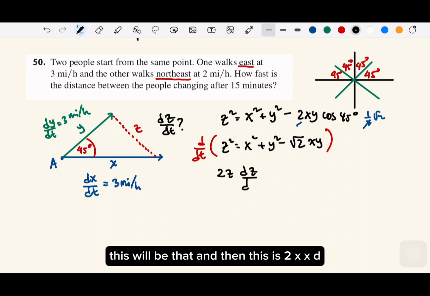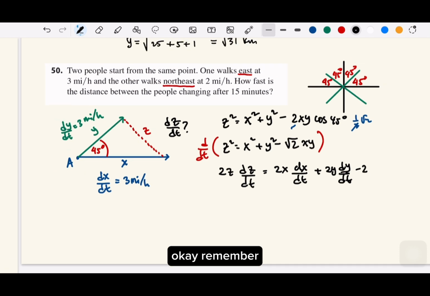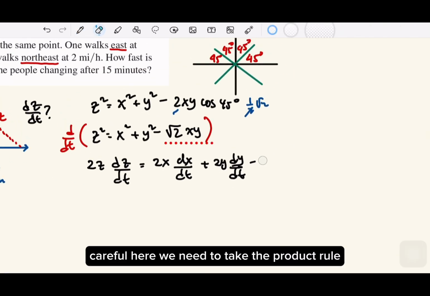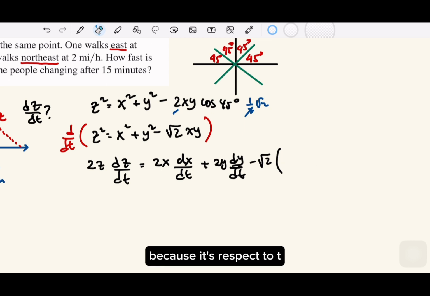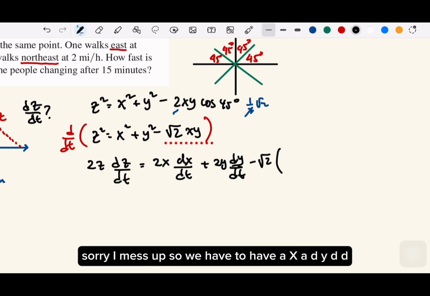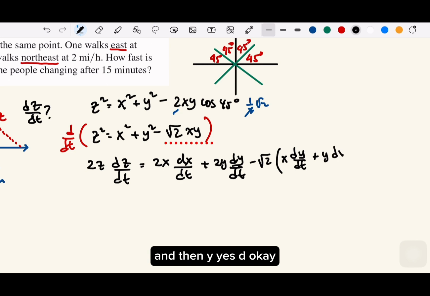This will be 2x dx/dt, and then plus 2y dy/dt, and then negative. Remember, be careful here, we need to take the product rule. Oh no, because it's with respect to t, I messed up, sorry. So we have to have x dy/dt, and then y dx/dt.